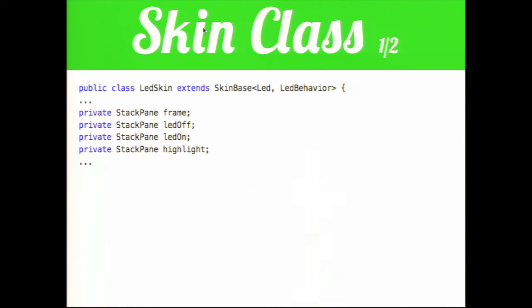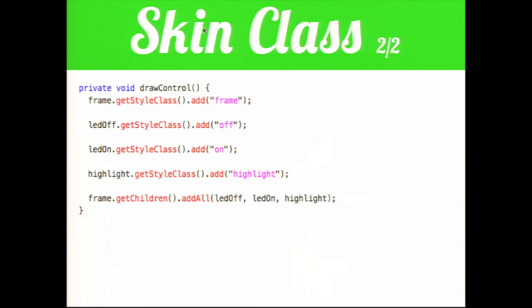And this is now the skin class that you need for this CSS file. And that's really interesting, because you just define your stack panes, and when it comes down to drawing, that's all you have to do. And that's really nice. The complete code is in the CSS file.